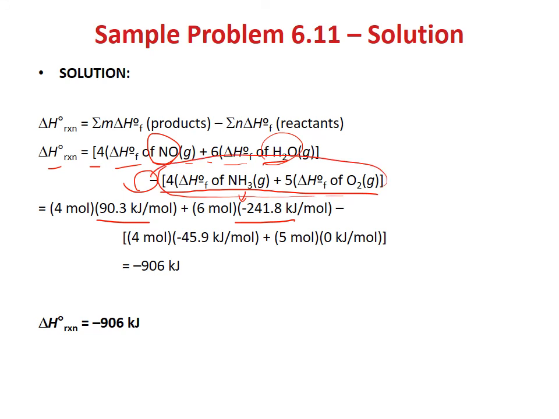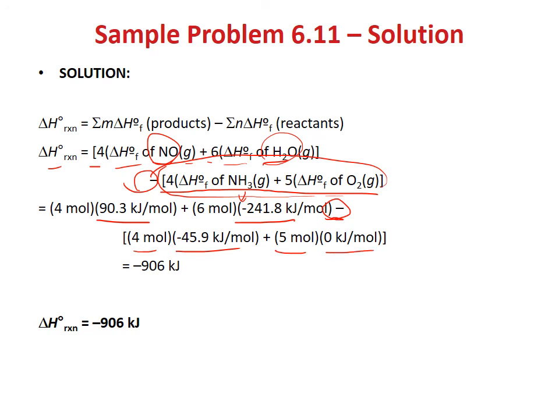And then you minus 4 times the standard formation enthalpy of ammonia, which is negative 45.9, and 5 times the standard formation enthalpy of oxygen.